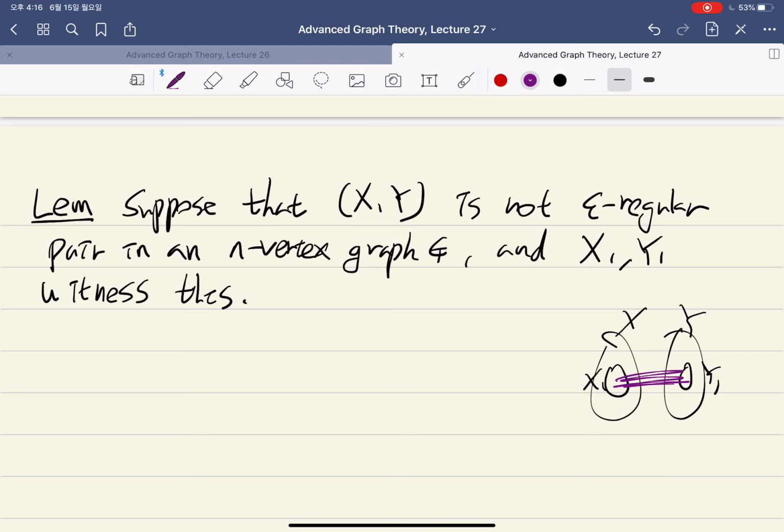So this is not within the density between X and Y plus or minus epsilon. It's either too small or too big.